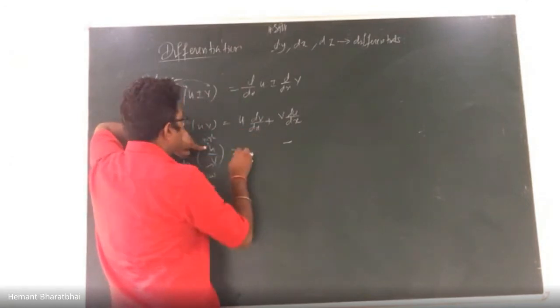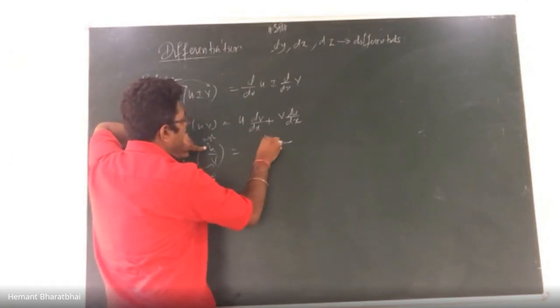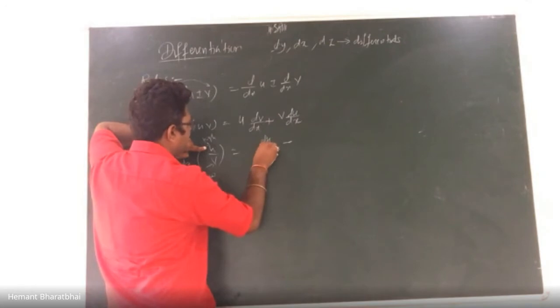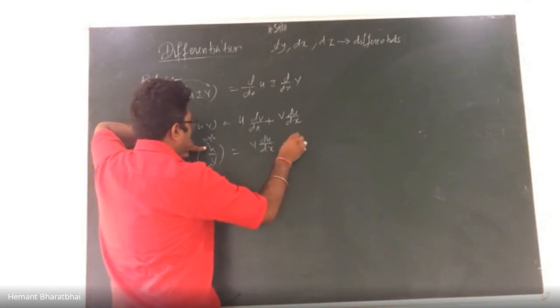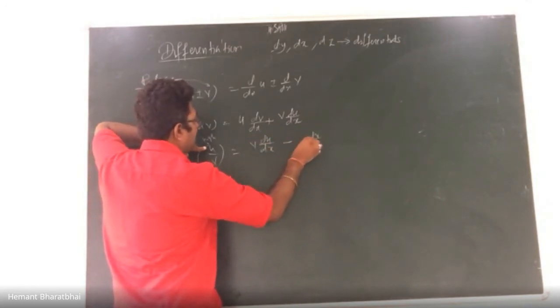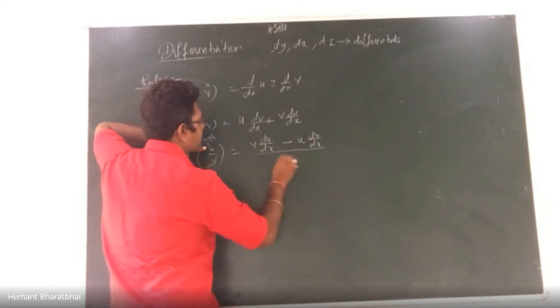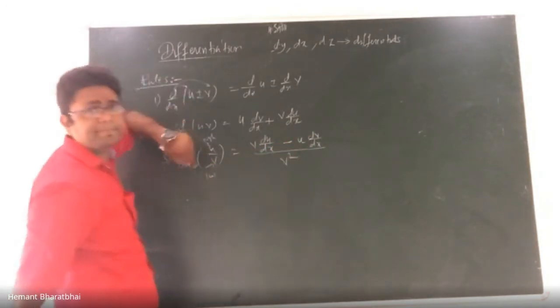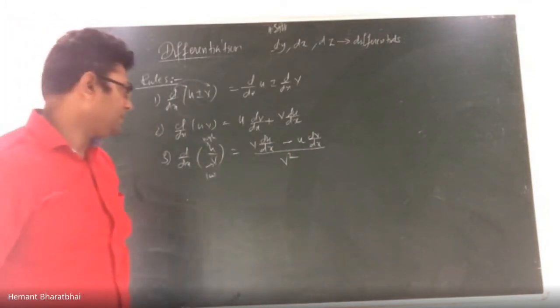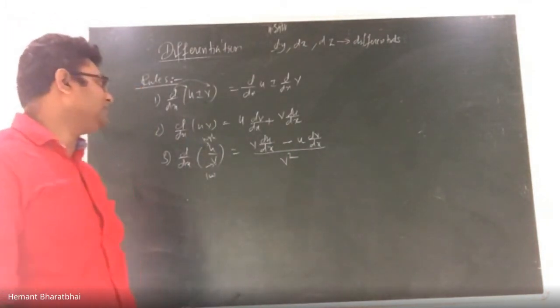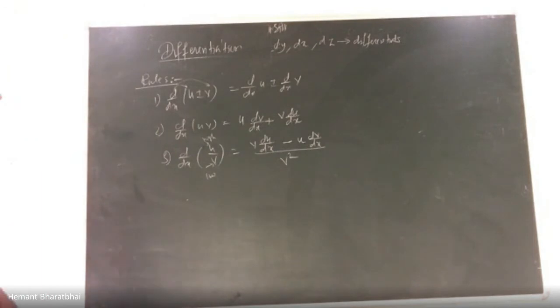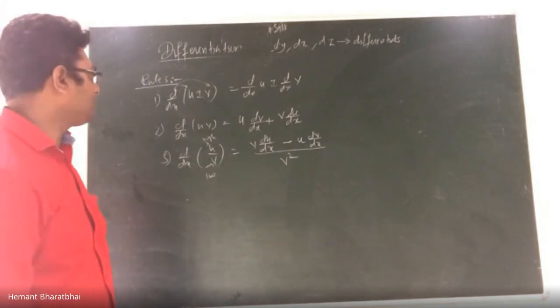So first I'll take the derivative of the upper one, then I'll take the derivative of the lower one. So it will be v du by dx minus u dv by dx, the whole upon v square.